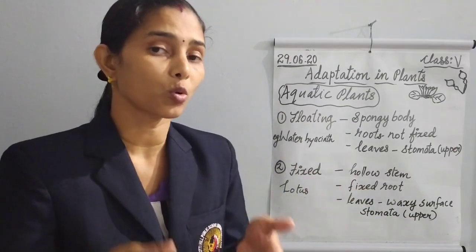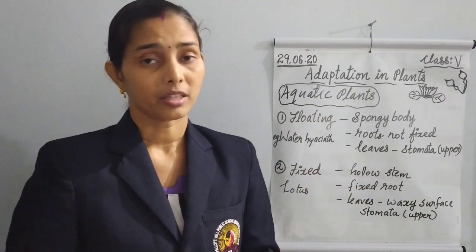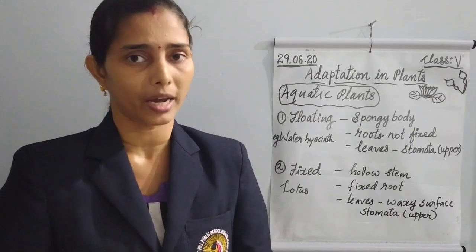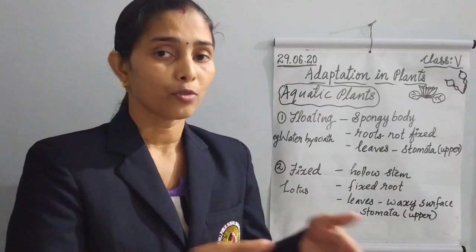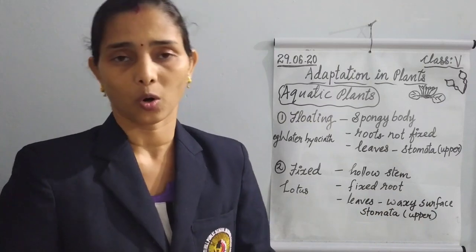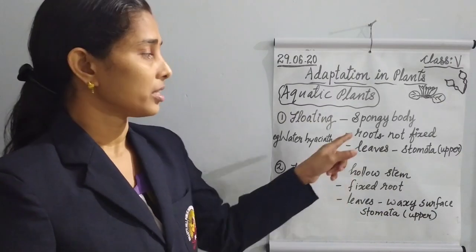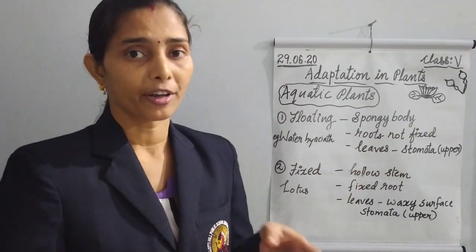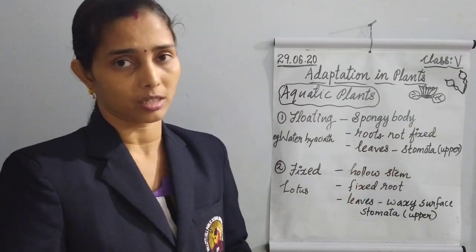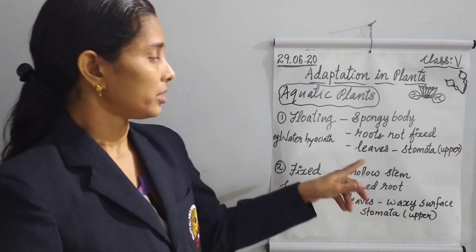That is why its roots are not fixed. If it is fixed, can it flow along the water? No. That is why, according to its habitat, its root is modified like that. It's not fixed. Understand?